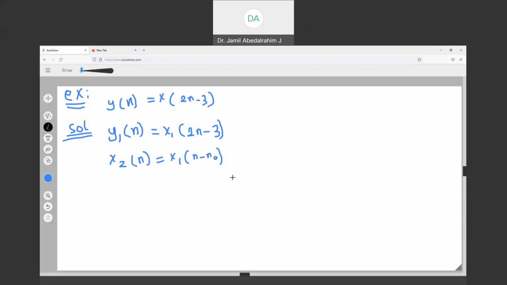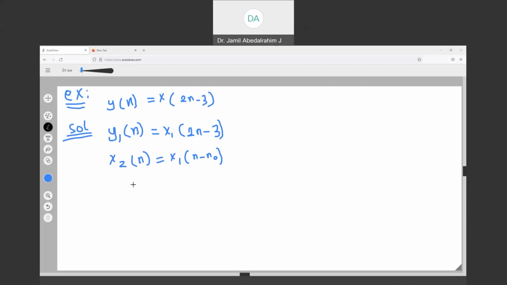So we create a new input, x2 of n. And this input is fixed in all equations, which is x1 of n minus n naught. It is the same as in the previous question, it's fixed.